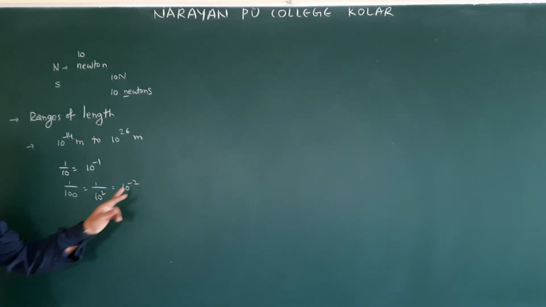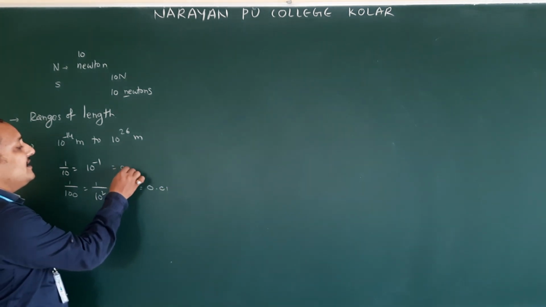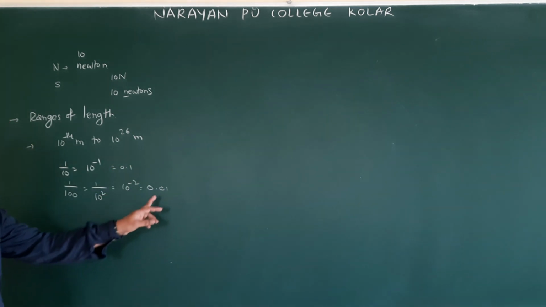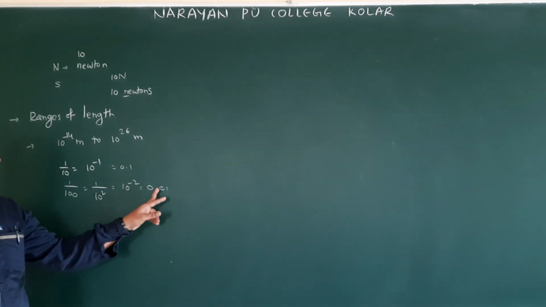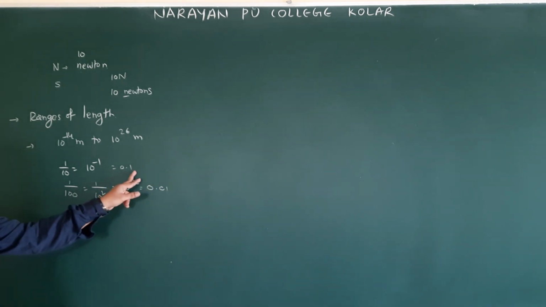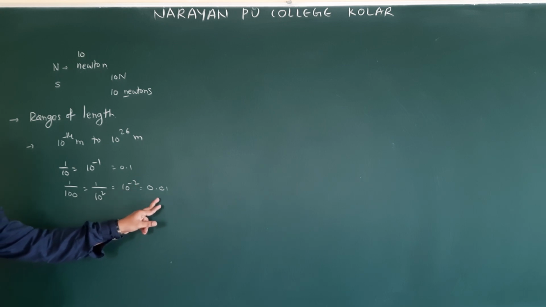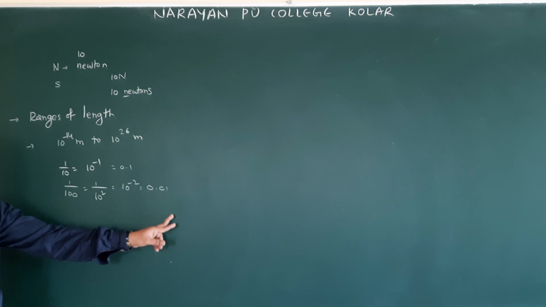10 power minus 2 is 0.01, and 10 power minus 1 is 0.1. Which is small? 0.01 is small. 10 power minus 3 means 0.001. Isn't it? So 1 decimal place, 2 decimal places, 3 decimal places.